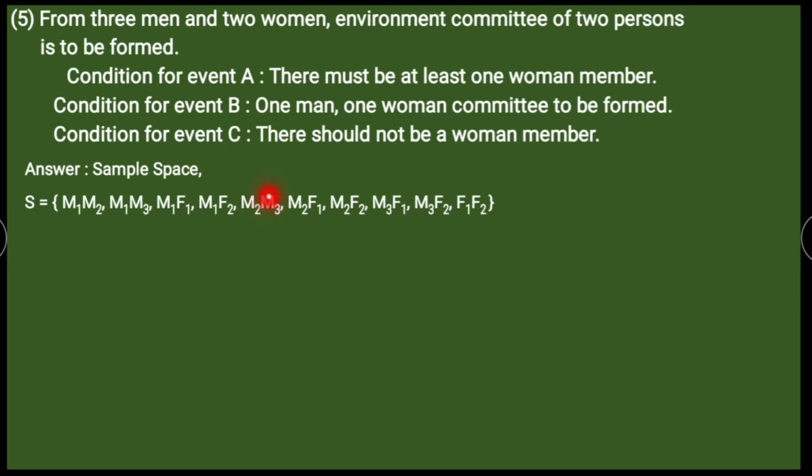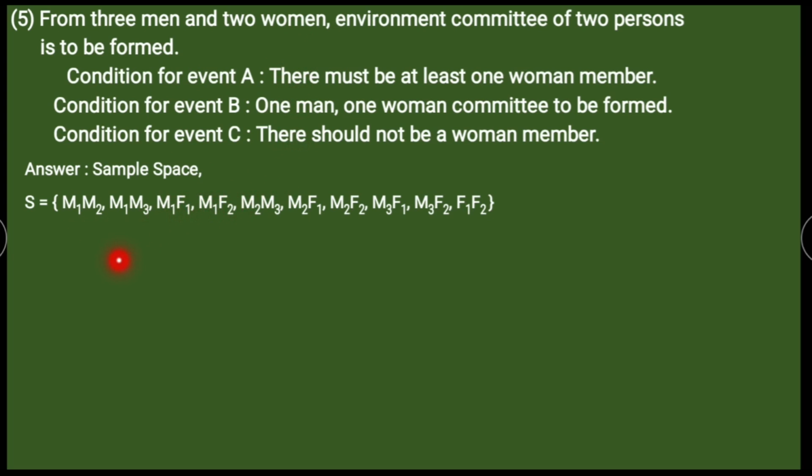So we consider here 3 men as M1, M2, M3 and 2 women as W1, W2, or we can represent the women as female F1, F2. So here there are 2 women, so we have to consider only F1 and F2.